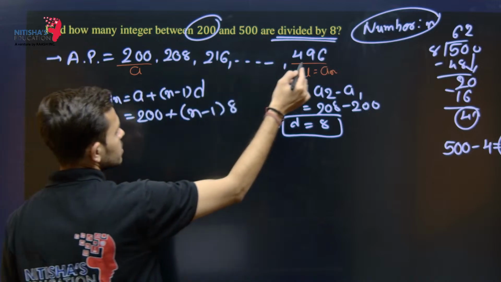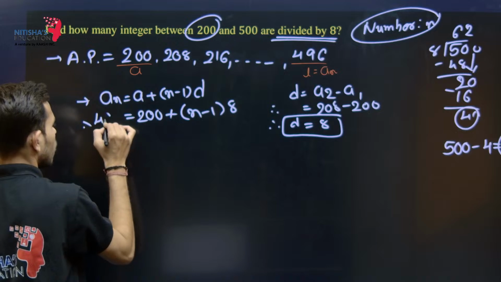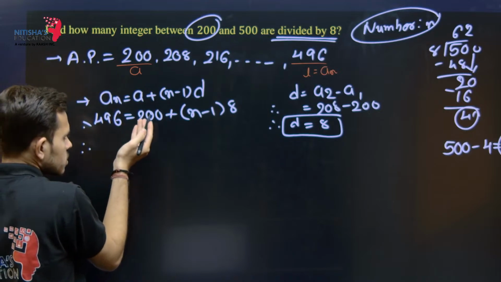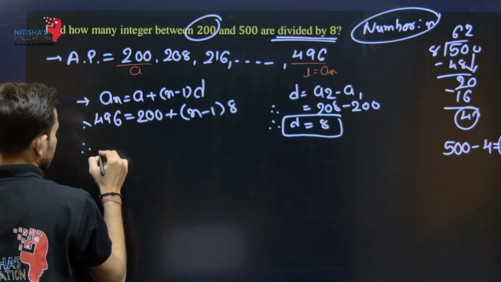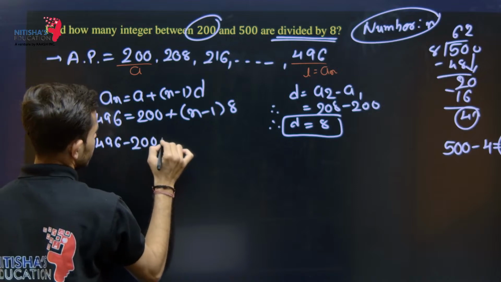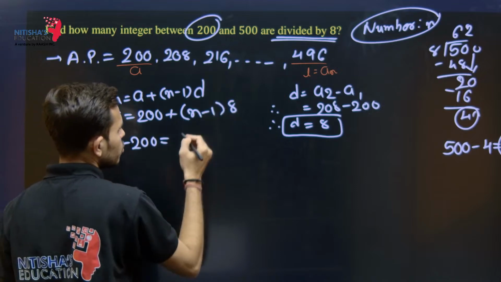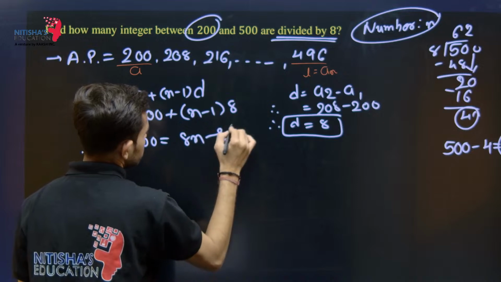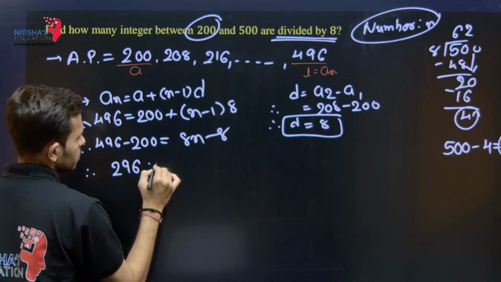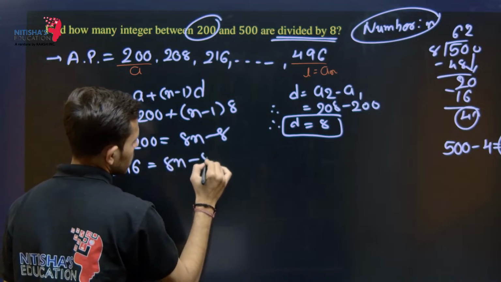AN is the last term, which is 496. Okay, now transpose this 200 to the left side. So 496 minus 200 is equal to, distributing it, 8n minus 8. Now it will become 296 is equal to 8n minus 8.